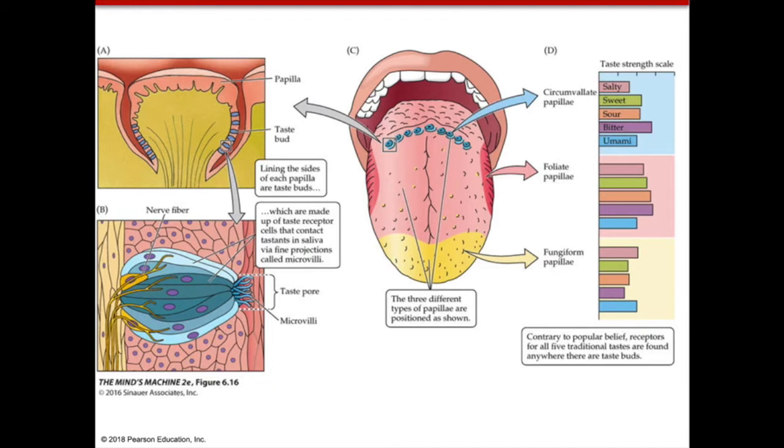Certain areas are for one taste, other areas are for other tastes, but that's not actually accurate. It's a very widespread idea, but not actually accurate. The tongue, you can see the distribution on the right side, and we have receptors for all 5 tastes throughout the tongue.